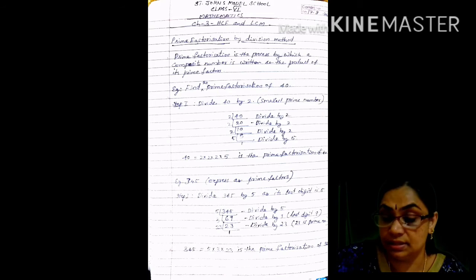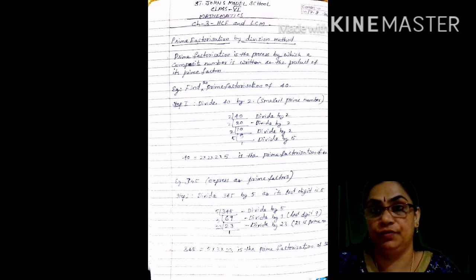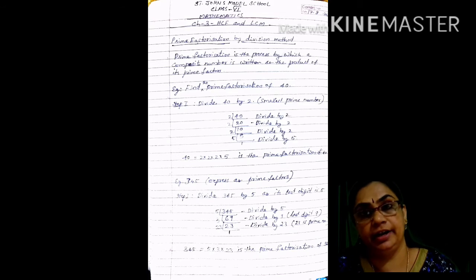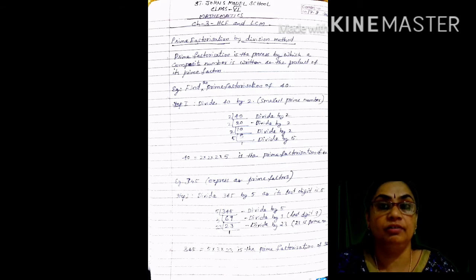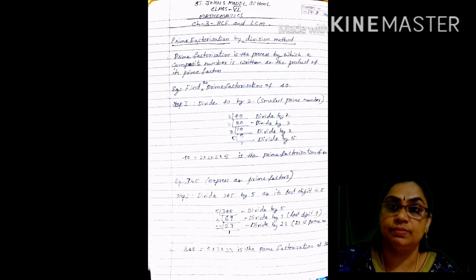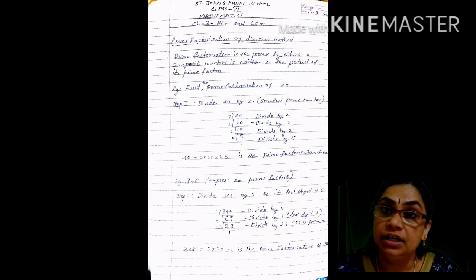This is called prime factorization of 40. We expressed 40 as the product of 2 into 2 into 2 into 5. This method is called prime factorization by the division method.